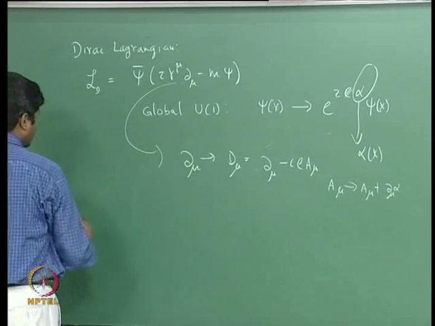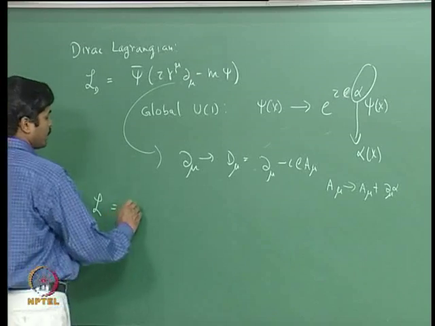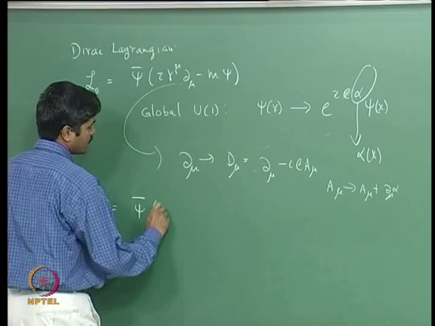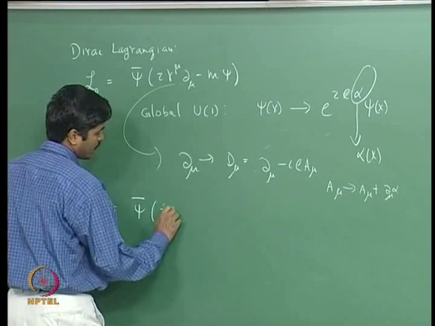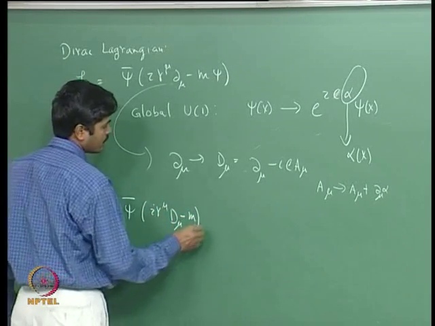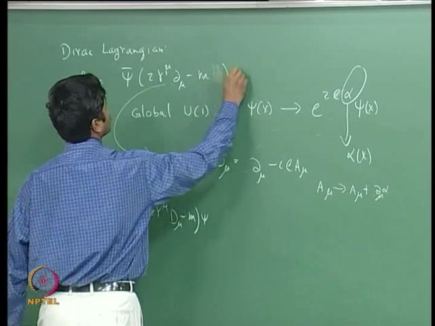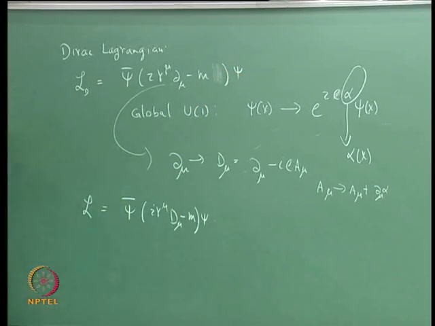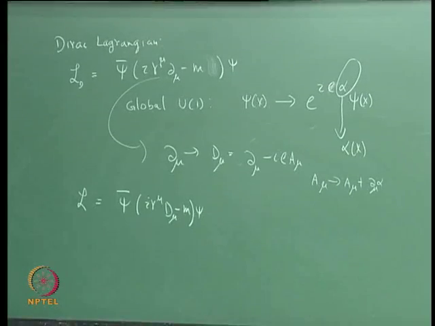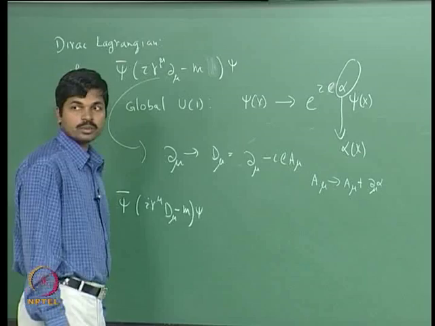Then this Lagrangian density, which I will call L, given by ψ̄ (iγ^μ D_μ − m) ψ, is going to be invariant under the local gauge transformation.